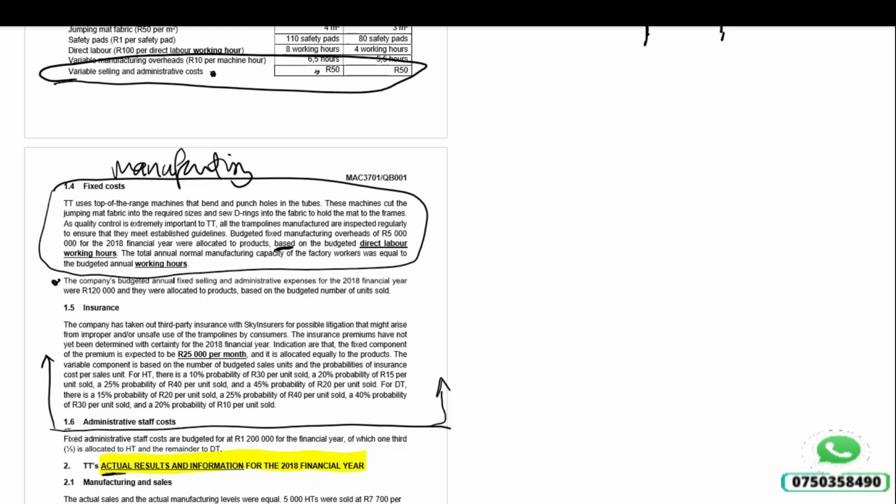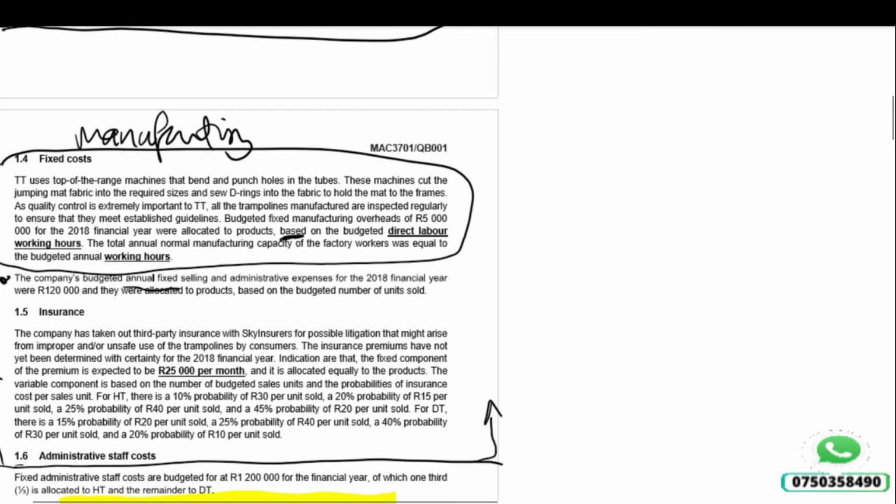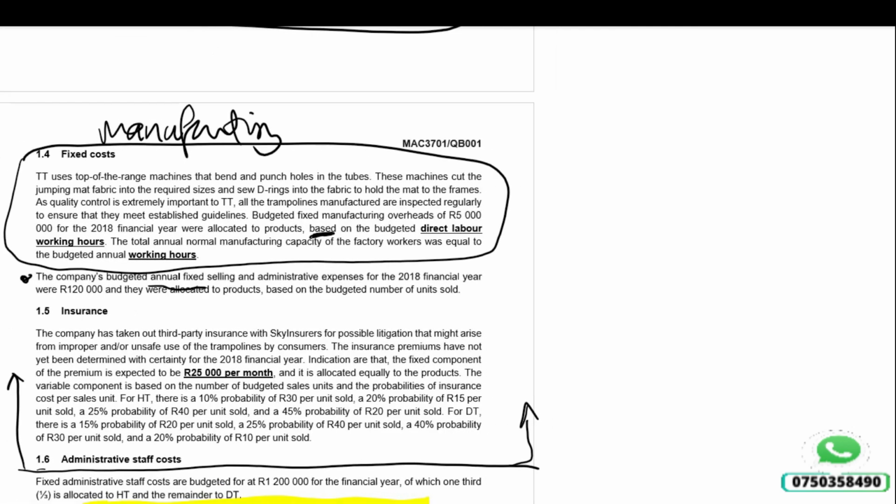The company's budgeted annual fixed selling and admin expenses for the 2018 financial year is 120,000, and they were allocated to products based on budgeted number of units sold. So I have to allocate them based on budgeted number of units sold.